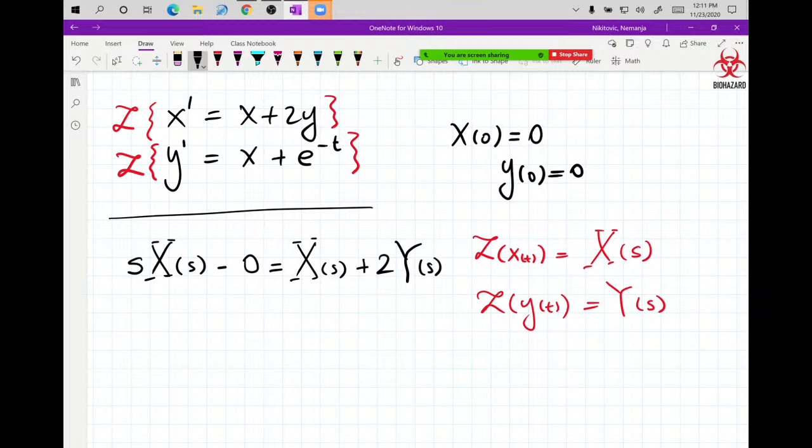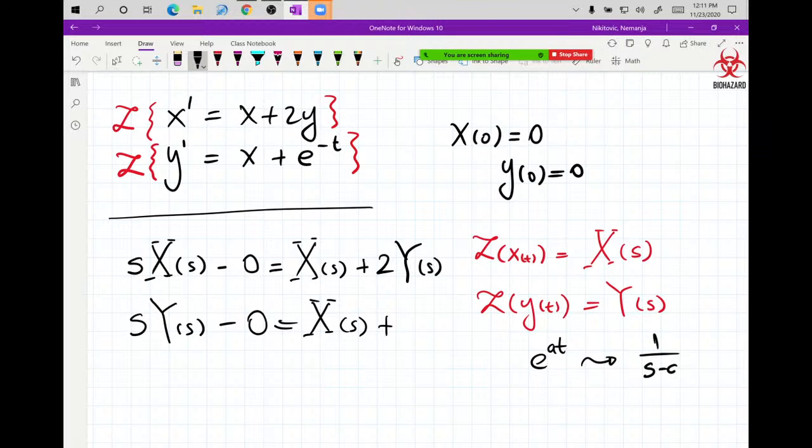Just capital X and y is capital Y, and you just multiply that 2 in there. Now for the bottom, you have again y prime, that's going to be sY of s minus 0, is equal to X of s. And now plus, you have to use the table, if you remember that 1 over, right? So e to the at converts into 1 over s minus a. So that's just going to be 1 over s plus 1. I hope you remember that.